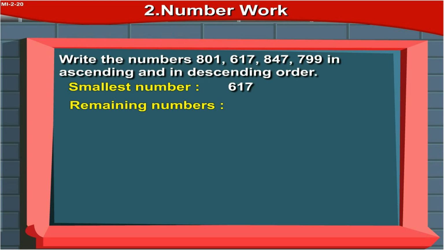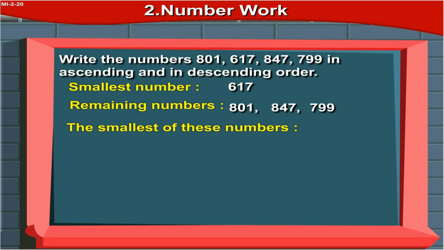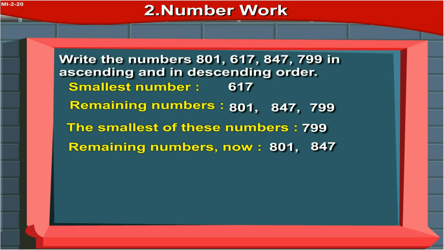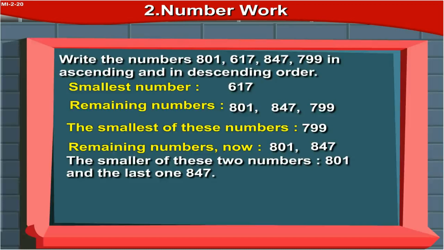Remaining numbers are 801, 847, 799. Now the smallest of these numbers is 799. Now the remaining numbers are 801, 847. Can you guess the smallest of these two numbers? That's right, it's 801 and the last one is 847.